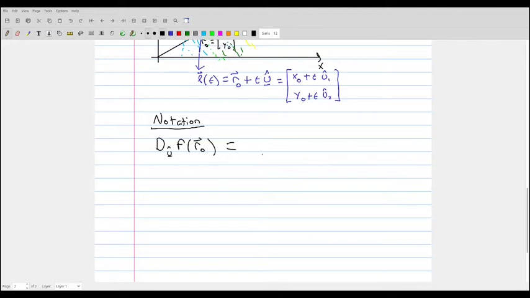We say that this is equal to the limit as h goes to 0 of the function value at r0 plus h times u hat, minus the function value at r0, divided by h.